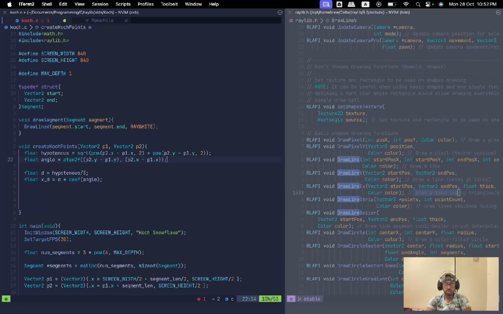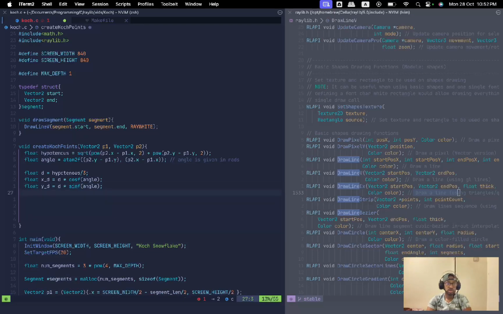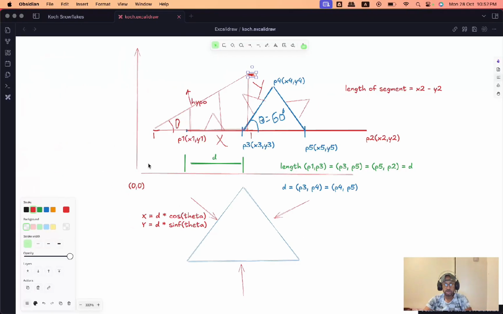In C the angle is given in radians, so we need to consider this. And y is D times the sine of the angle. So I know the x and y components of this D.